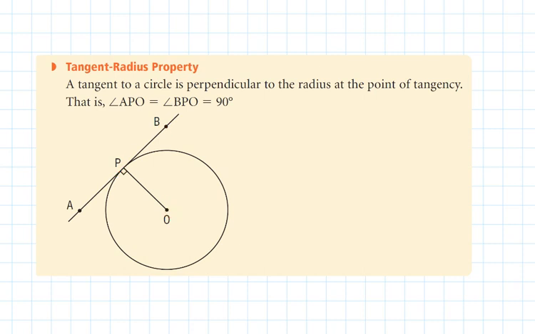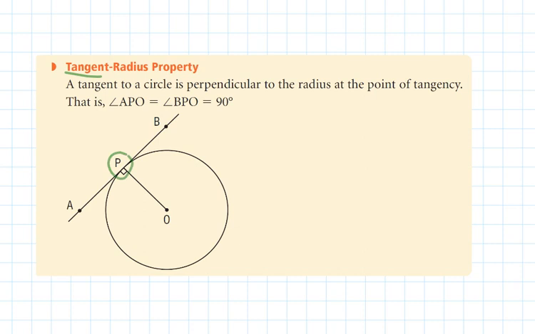So a couple of words here, you might be wondering, what does tangent mean? A tangent is a line that is outside of the circle but touches the circle at one point. So the tangent here is AB, and it touches the circle at one point, which is P in this case.